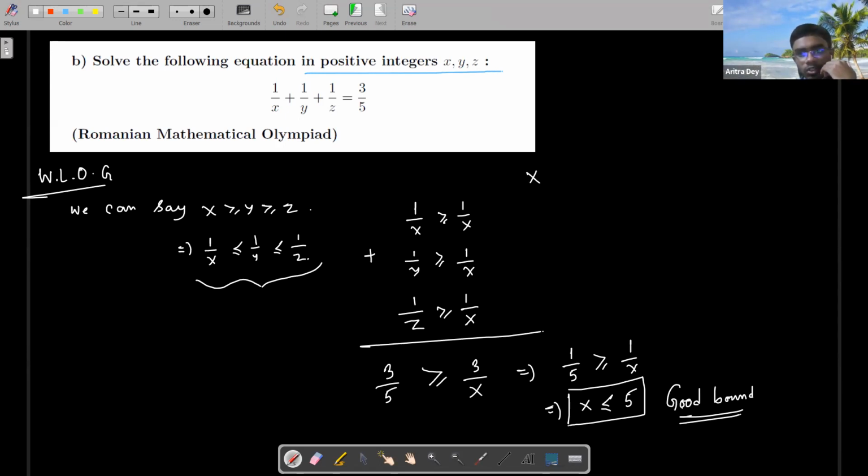Now you know that x is greater than 0 and lesser than or equal to 5. So you can simply make some case basing.